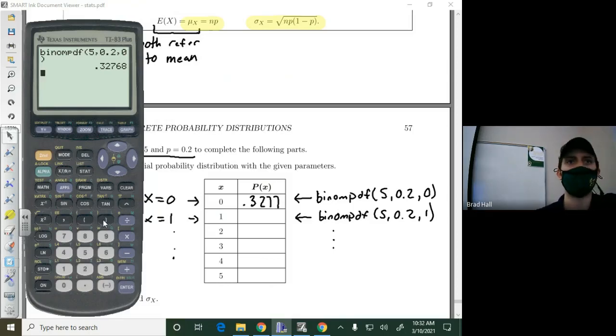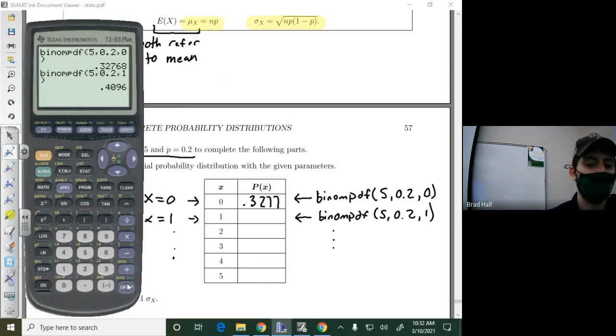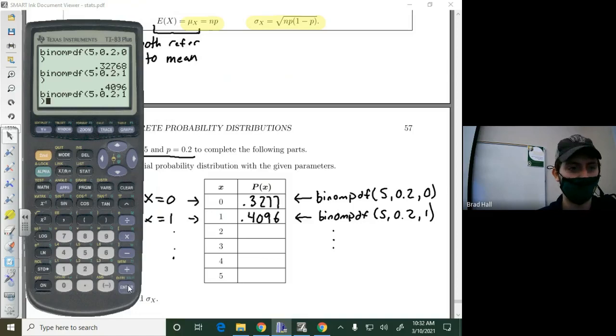And you don't have to keep typing this in the calculator. If you want to retrieve the last entry in your calculator, you could just press second and enter. All you have to do is move your cursor around. You don't have to keep retyping it every time. So I'll replace the 0 with a 1 for the next one. 0.4096. And then again, second enter.